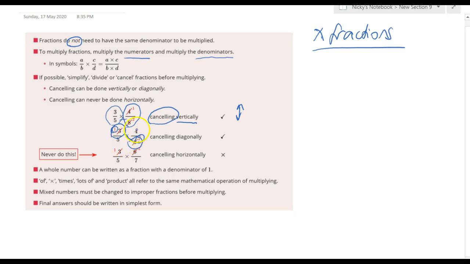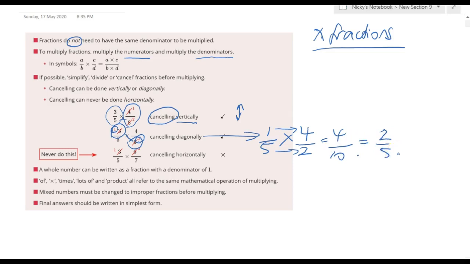I leave the rest of my fractions as it is, so that example would then become 1/5 times 4/2. Then I would multiply across the top and across the bottom, 4/10, and then I would simplify my answer.